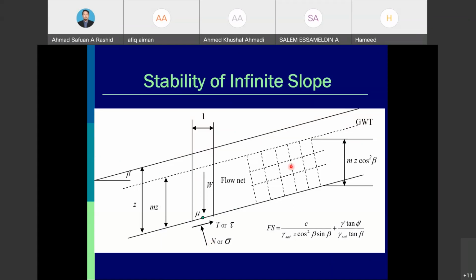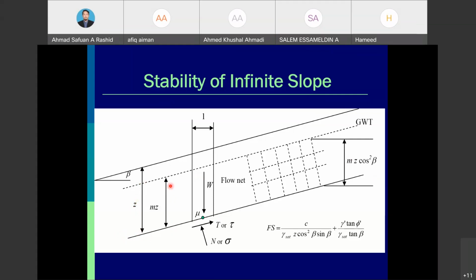So we may use the term M in our approach. The M actually is the ratio of the height of the water level above the slope failure over the total height, which we call Z.